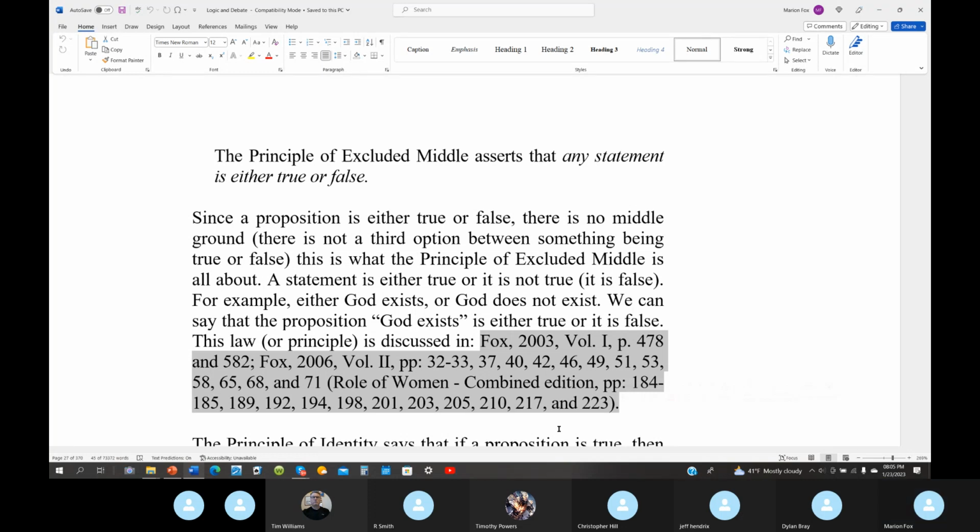Marion, I do. It says in the paragraph, since a proposition is either true or false, there is no middle ground. But how a proposition is written dictates to the person that is understanding it whether it is true or false.